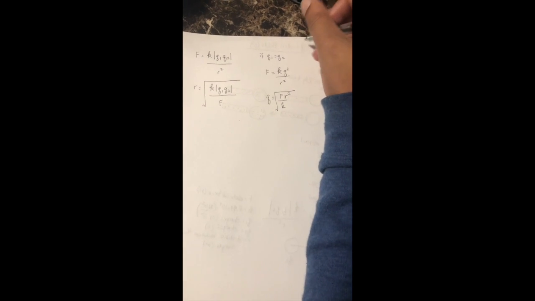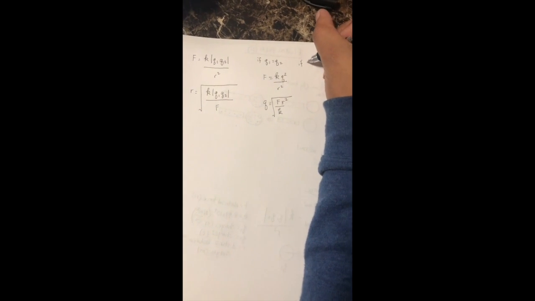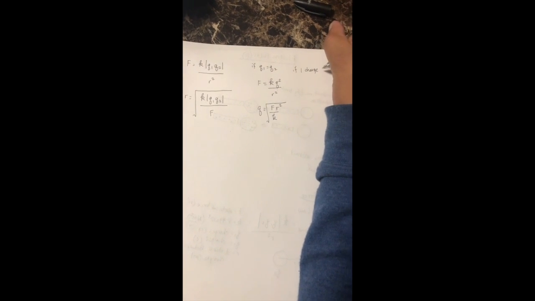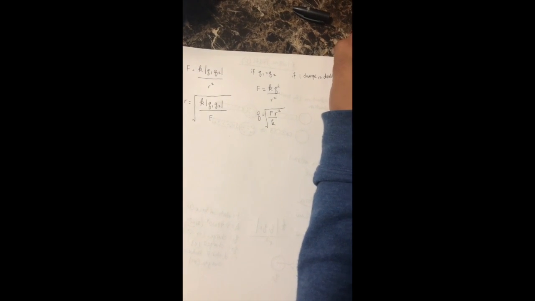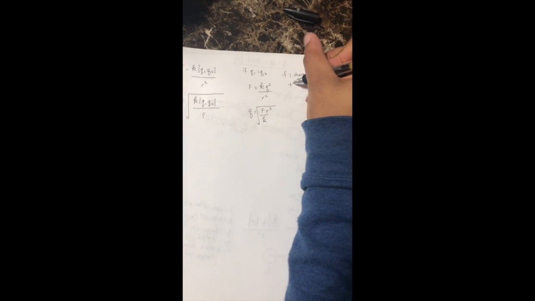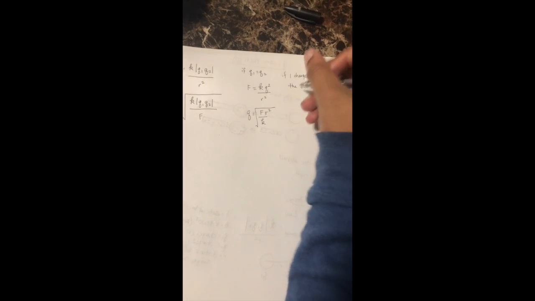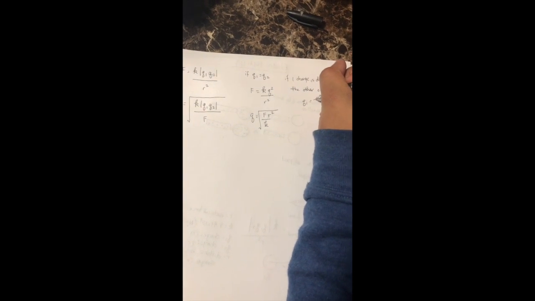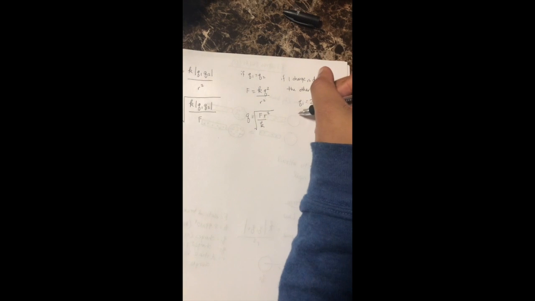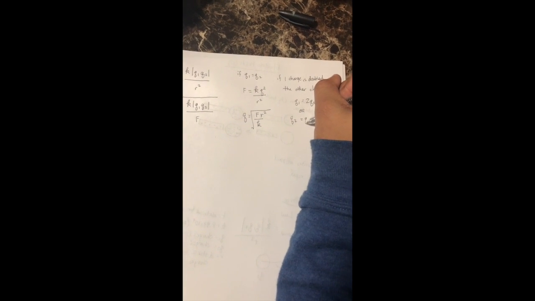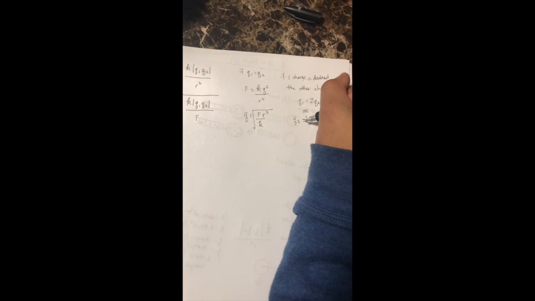And then last but not least, because we did see one tricky problem where it said one charge is double the other charge, I can write Q1 is equal to 2 Q2, or I can write Q2 is equal to 2 Q1.